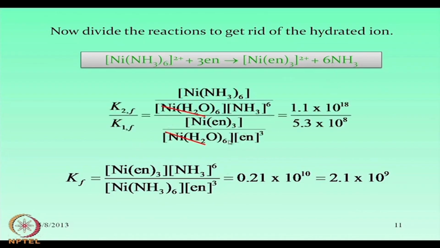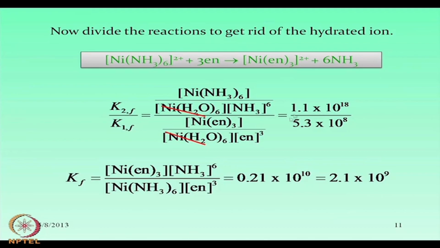So, in these two steps, that means if we just get the values for the formation of these, the corresponding value for this K2 and the corresponding K value K1 for the amine complex and the ethylenediamine complex, both of them are forming from the aqua complex.